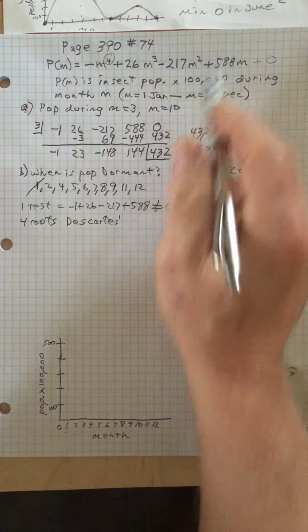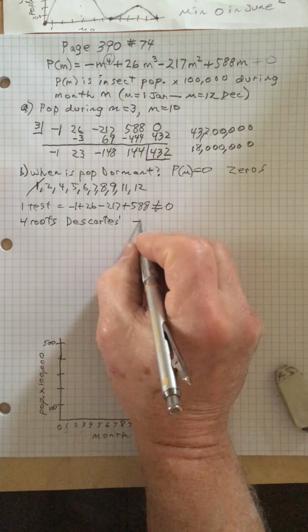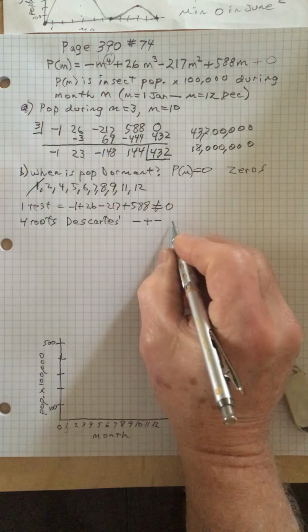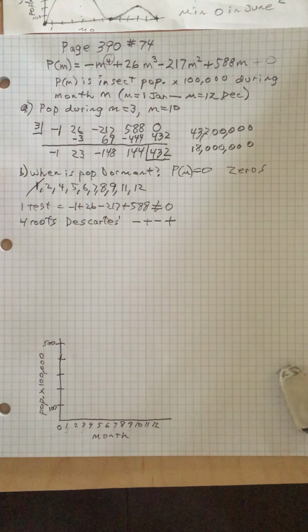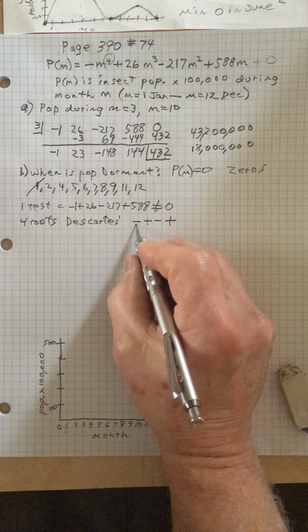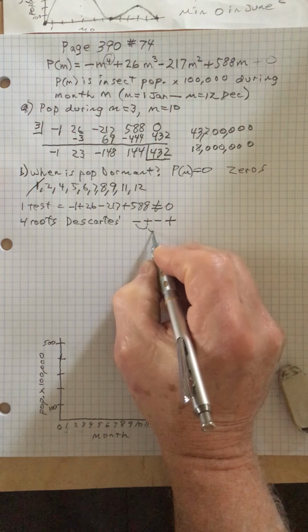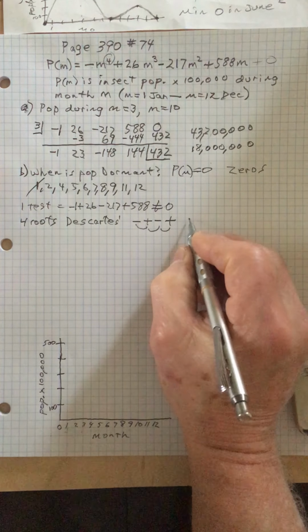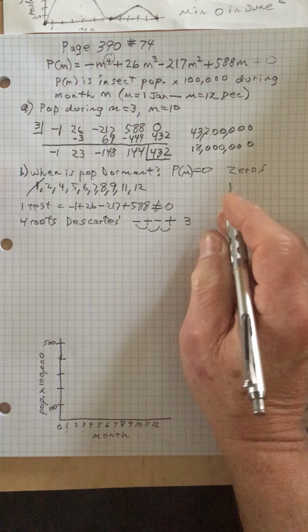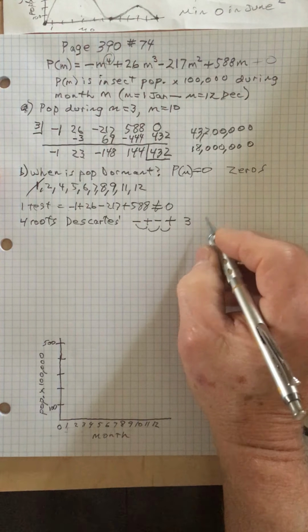So minus, plus, minus, minus, plus, minus, plus. Okay, there's our function. So we have a sign change here, a sign change here, and a sign change here. That's 3 changes. So that's 3 possible positive roots.